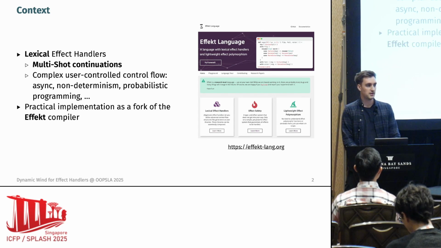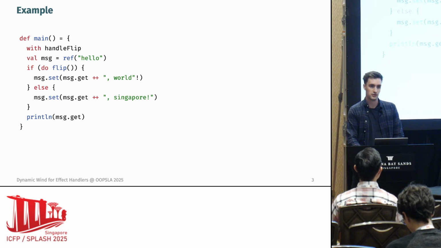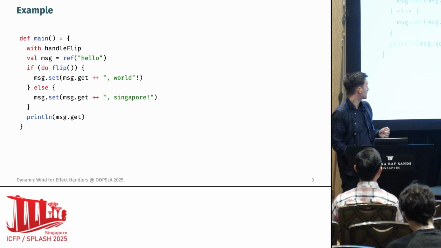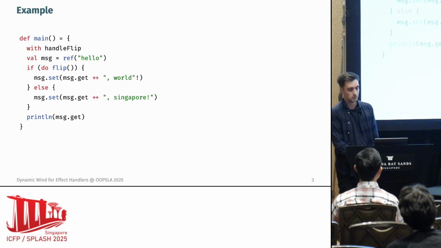And given this context, let's look at an example. We have the following program. We have a handler for the flip operation. I'm going to get to how this is defined in a second. We have a mutable global reference that initially just has the value hello. And we have an if statement.